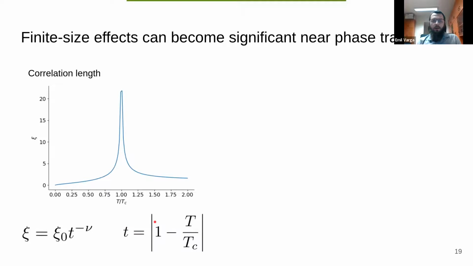Now, this basically means that almost whatever the size of the system is, the question of observing finite-size effects becomes whether you can stabilize temperature close enough to the transition.